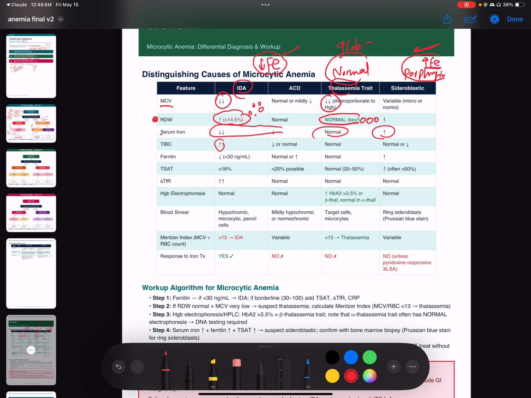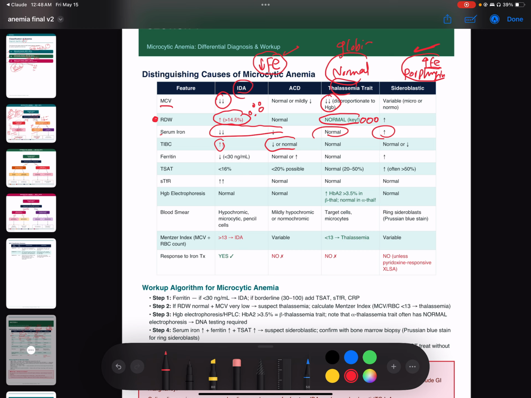So again, total iron binding capacity measures how empty the transferrin is. If the transferrin seats are empty, that means you have iron deficiency anemia. But if the seats are normal or decreased, that will be mainly in anemia of chronic disease. And why don't you have empty seats?